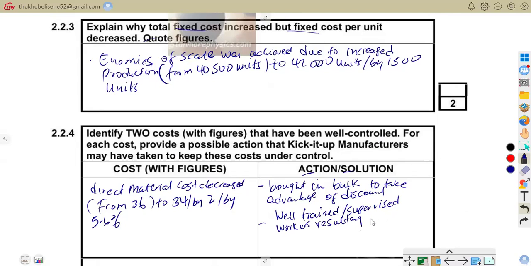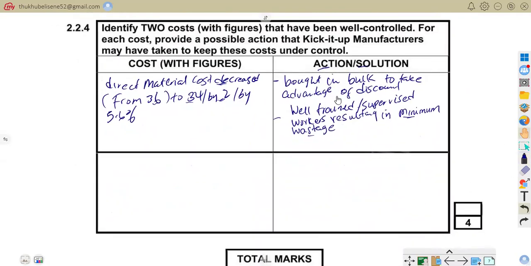As you can see, our cost decreased by 2 because it was from 36 to 34. One thing decreased, it means that our employees were well supervised, that they didn't have too much wastage. They have minimum wastage. So that is that.